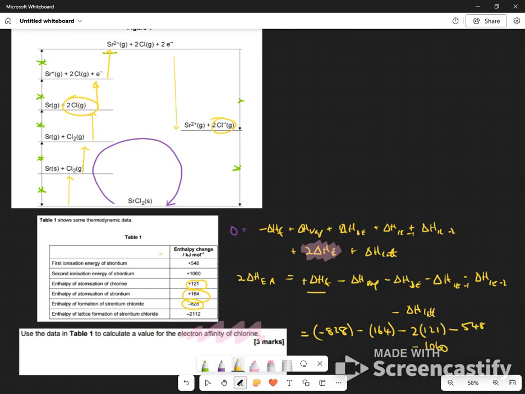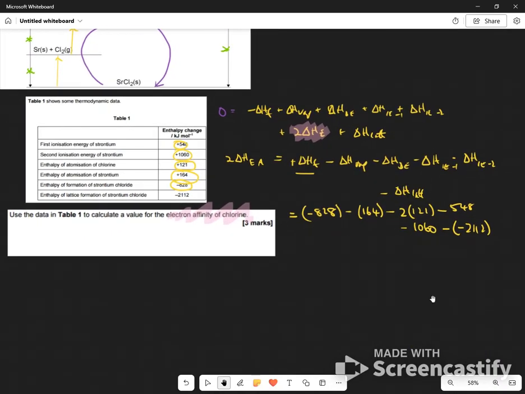All right, we've dealt with that. And then it says minus the lattice energy, so it is minus 2112. Okay, let me work that out on my calculator as quickly as I can. This is only a 3-mark question, so they're not regarded as that hard.